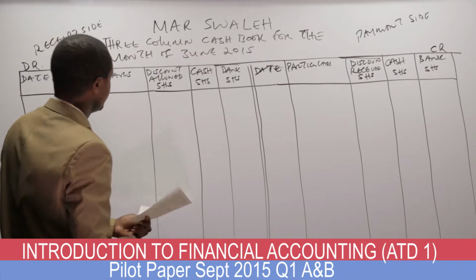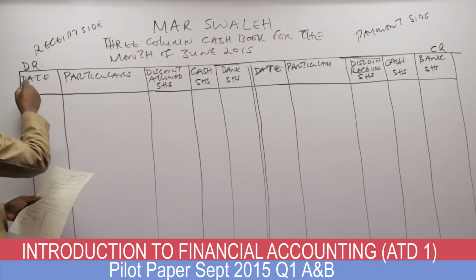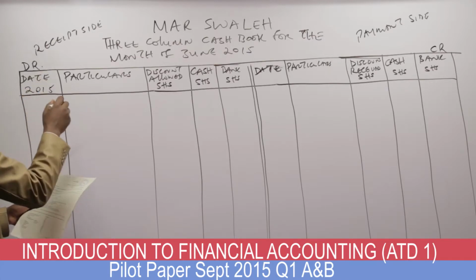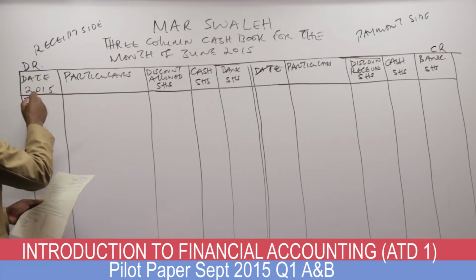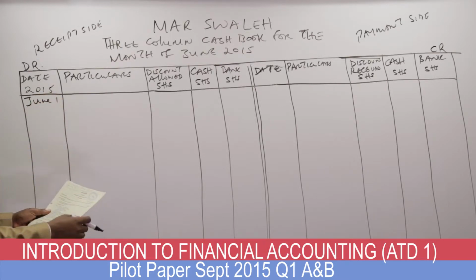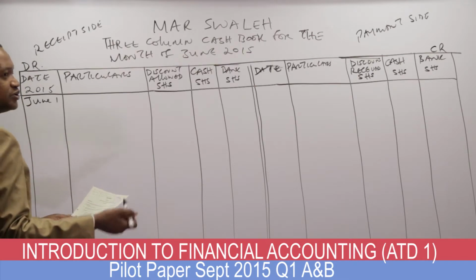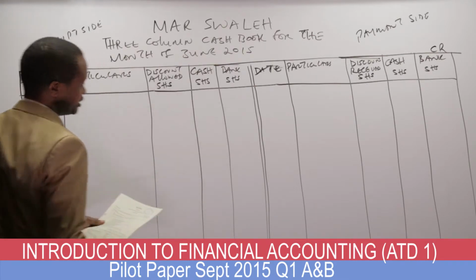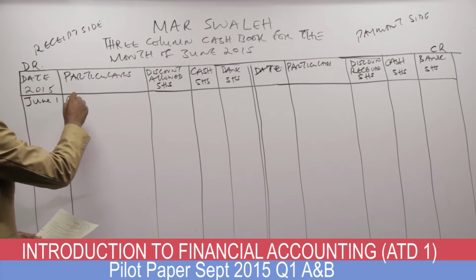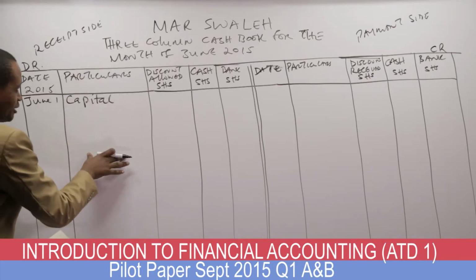The year is 2015 and the date is June 1 from the question. The money that you use to start business, we call it capital. Under particulars, you write capital.